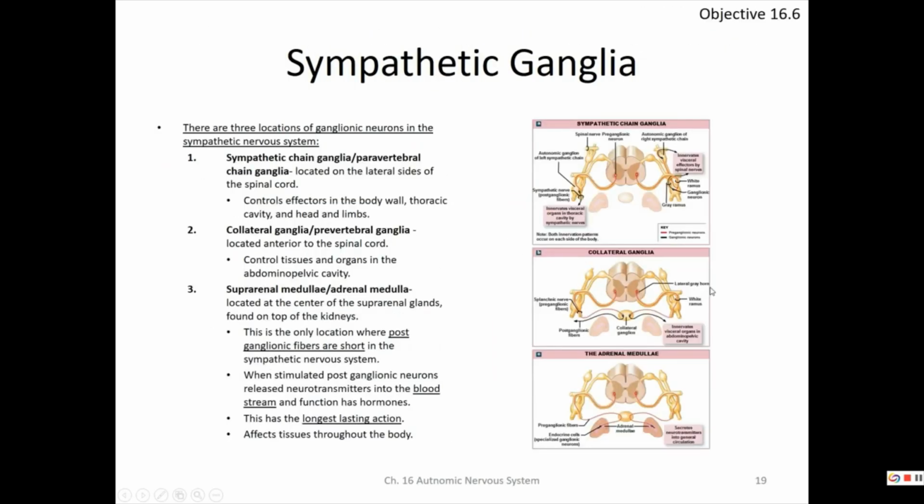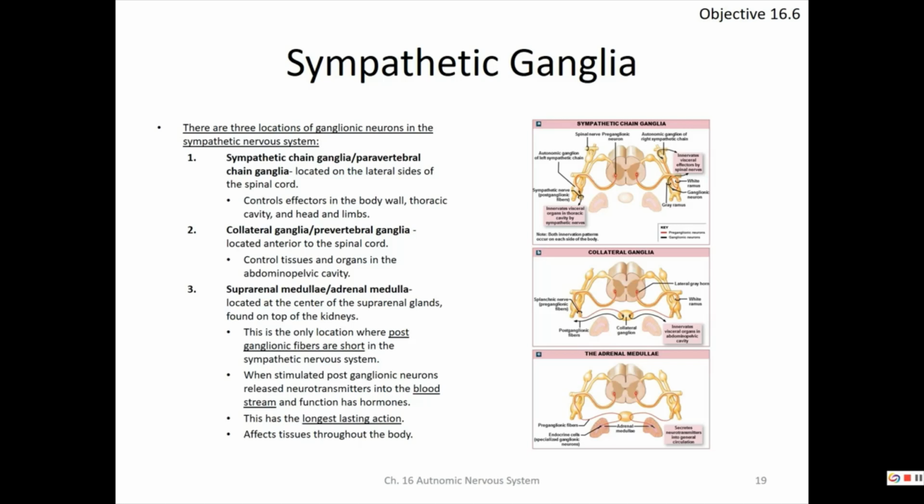Here you will see that this preganglionic neuron is very long, and the postganglionic neuron in the adrenal medulla is very short. This is the only place in the sympathetic division this happens.